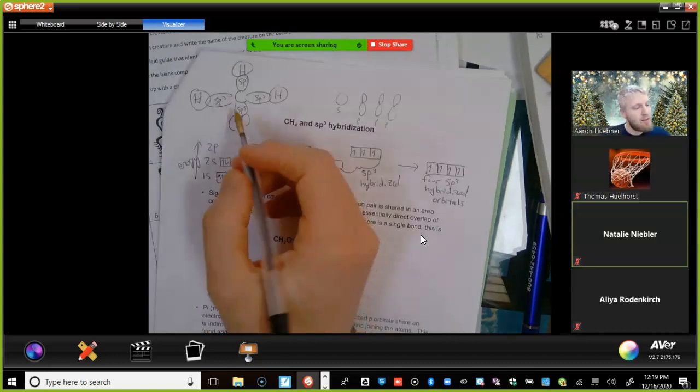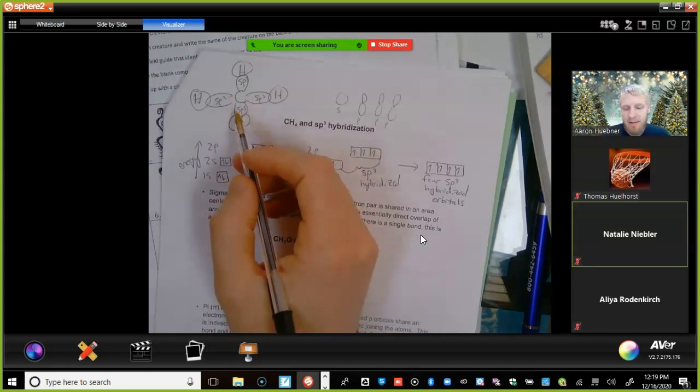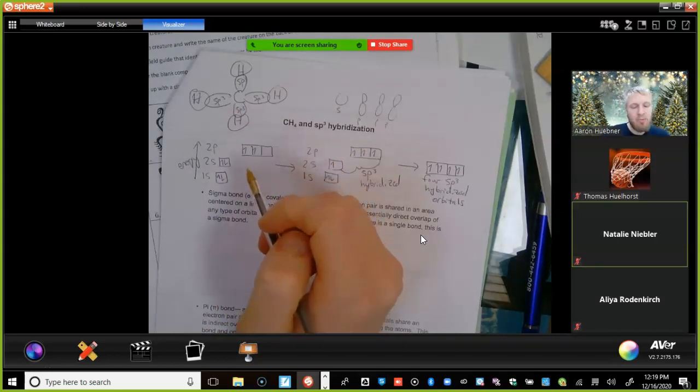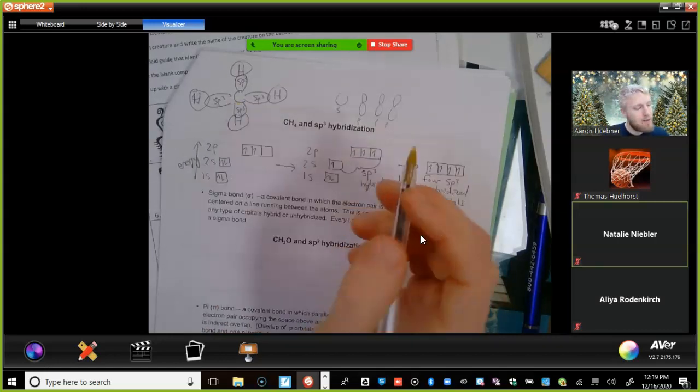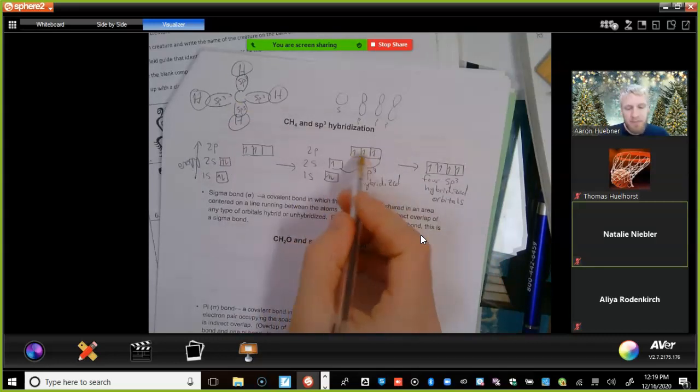All right, so essentially what you have is an overlap of the 2p orbital of carbon, where is it, the 2p, with the 1s orbital of hydrogen. So you got that happening in there.